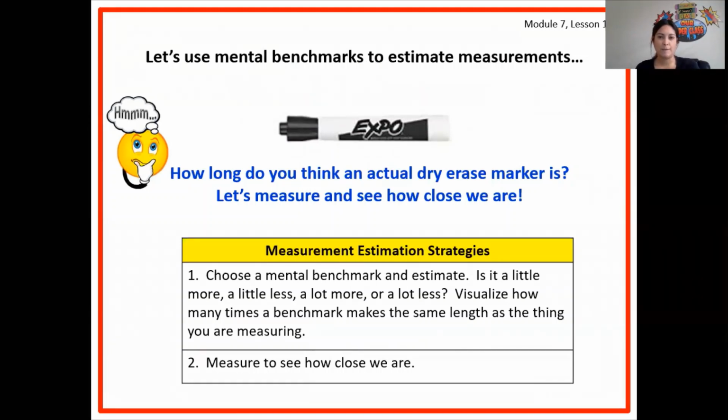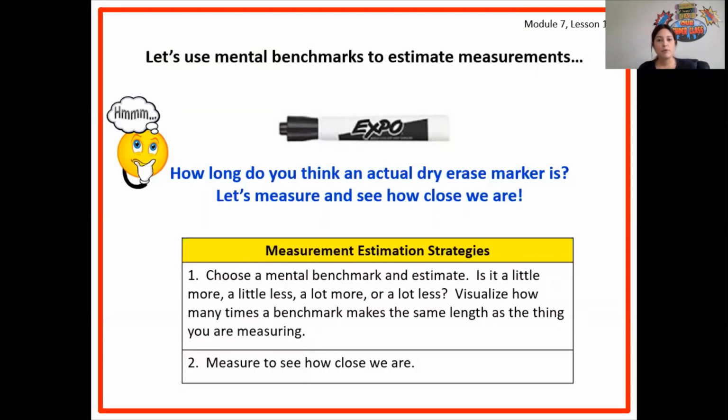A dry erase marker. Remember, I don't have a ruler. Well, what would you use to measure that Expo marker? Would you use a piece of paper in feet? Would you use the width of your door in yards? Or would you use a quarter and use a mark and move forward strategy? Yes, right, we would use a quarter.